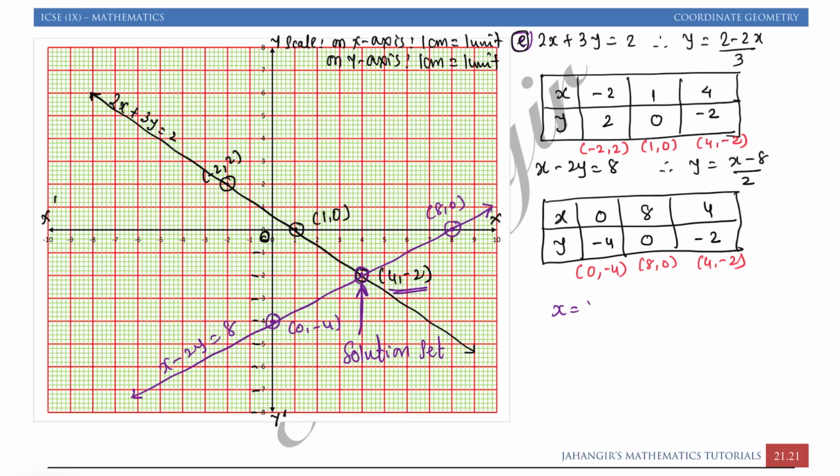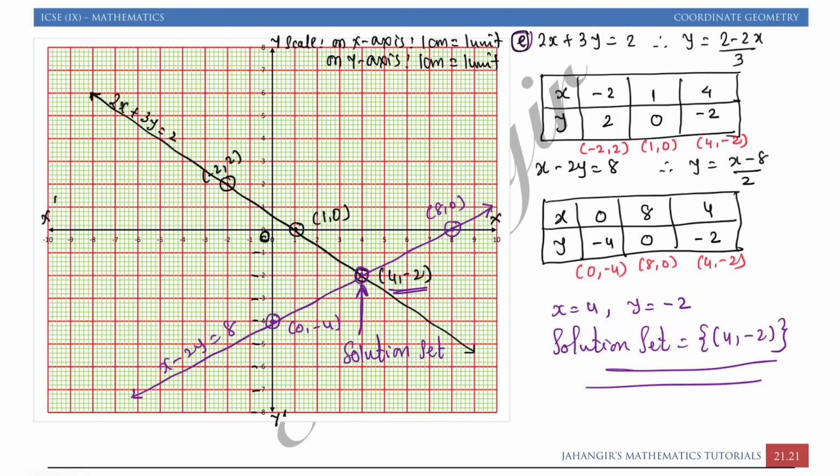So therefore x is equal to 4, y is equal to -2. So the solution set is (4, -2). Hope you understood how to solve simultaneous equations graphically and find out the values of x and y.